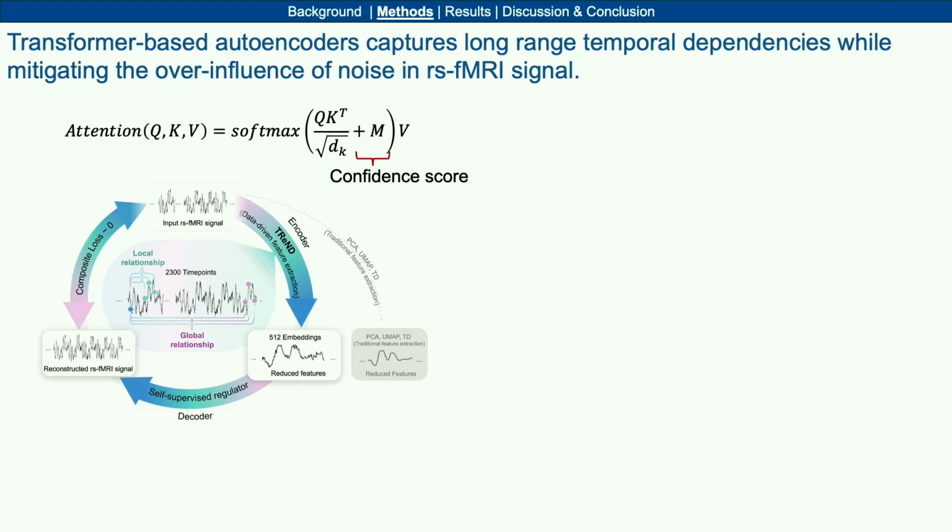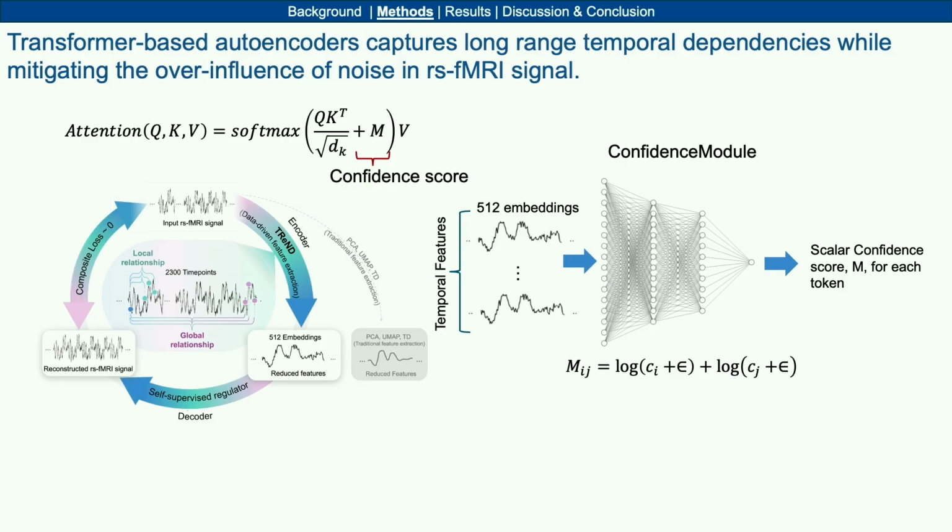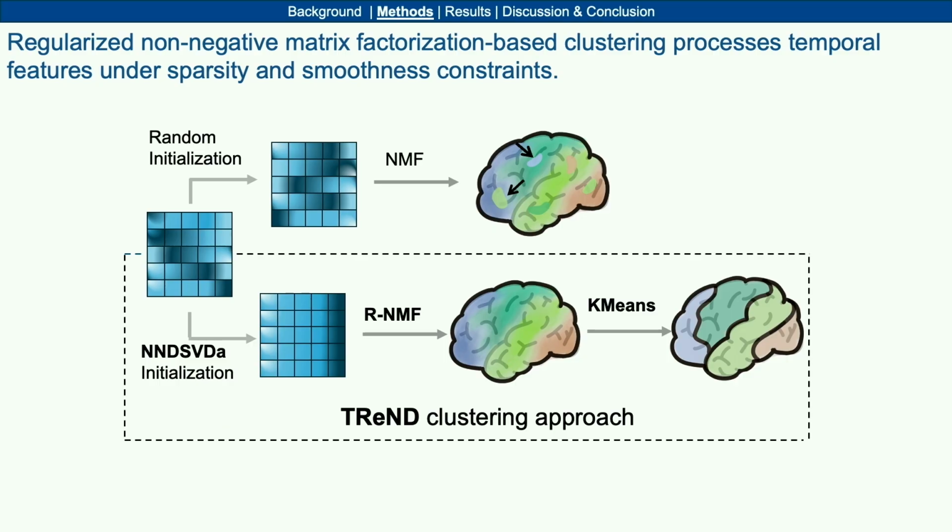By learning to identify and down-weight unreliable time points during training, the model naturally distinguishes the reliable and distinct temporal features. The self-supervised approach ensures that the learned embeddings, or temporal features as we interpret them, are representative of the original bold signal. Our clustering approach uses non-negative double SVD initialization rather than random initialization, which NMF generally uses, providing more stable solutions.